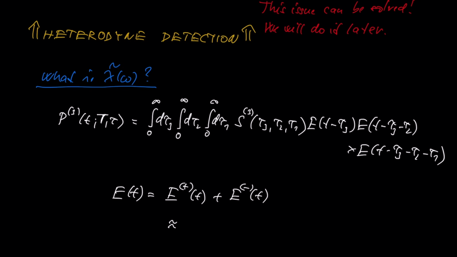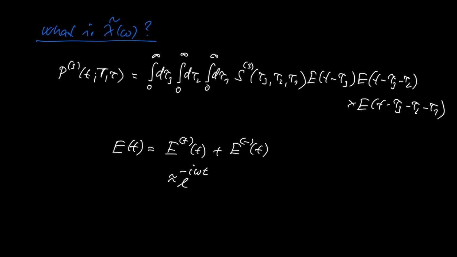So we have always some E plus, which contains e to the power of minus i omega t, where omega is the central frequency of the pulse. This is the field which is characterized by some wave vector k. And then we also have the second part, which contains plus i omega t, because this has to be real. The contributions of the minus i omega t and plus i omega t are basically the same. And this is the part which brings the minus k wave vector.